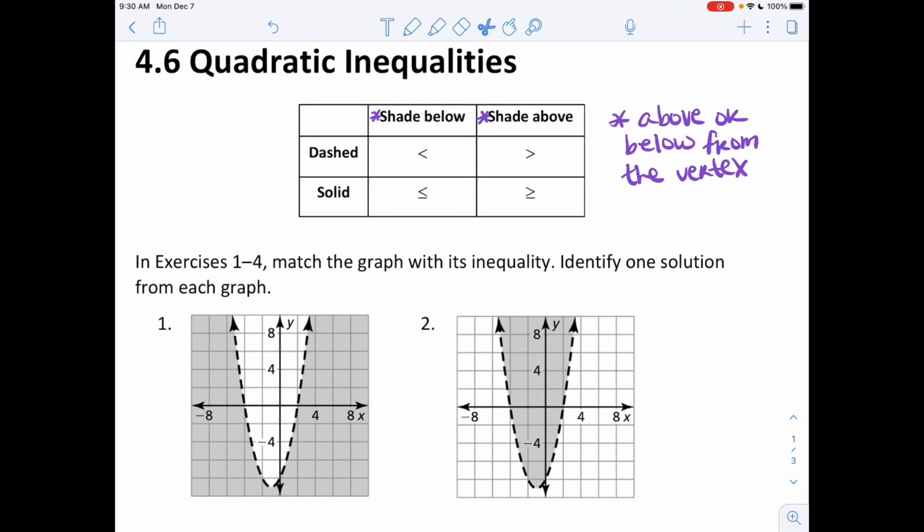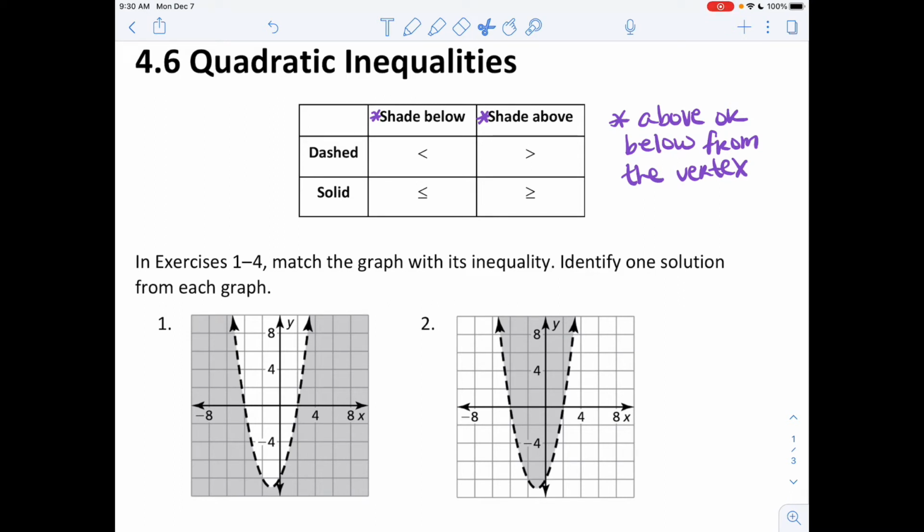Just like with linear inequalities, we will have a region or a shaded area that is our solution, and we're going to shade above or below based on whether we have a less than or a greater than, just like we did with linear. However, in this case, we're going to look at above or below as being from the vertex. So keeping that in mind, let's go ahead and look at some examples.